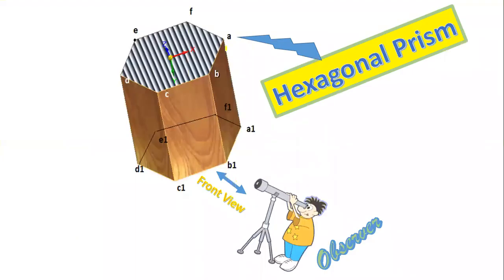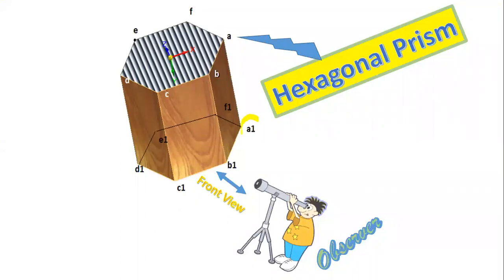Okay, so the hexagonal prism has the top hexagonal surface and the bottom hexagonal surface connected by the edges. We have the top surface A, B, C, D, E, F and the bottom surface A1, B1, C1, D1, E1 and F1. If you want to draw the front view, the observer will be standing in front of the prism and it is resting on the corner.